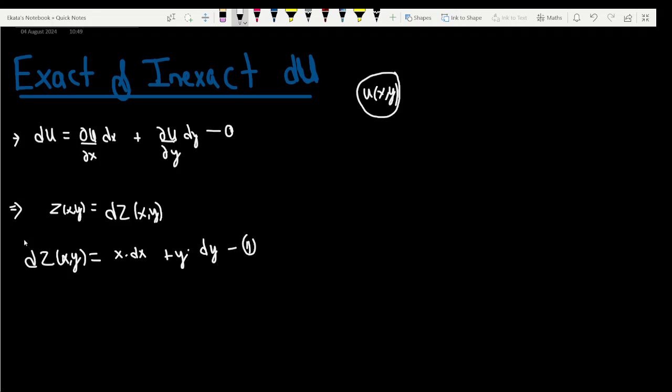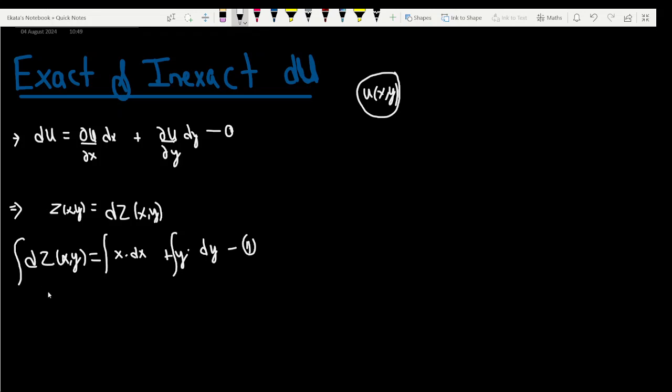You just integrate on both sides, and integrating on both sides, you will get that particular function z(x, y). So if you do the integration of this differential and you directly get the function from which this differential is derived, then this is known as an exact differential.